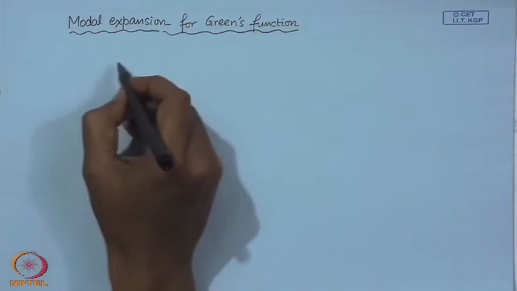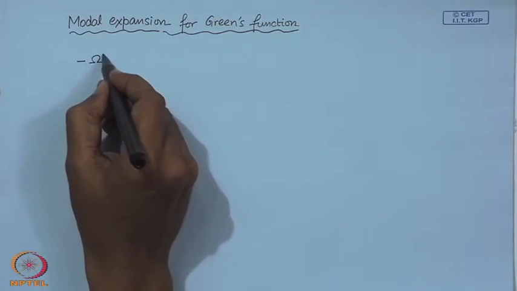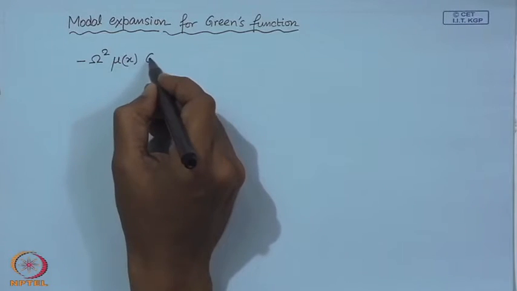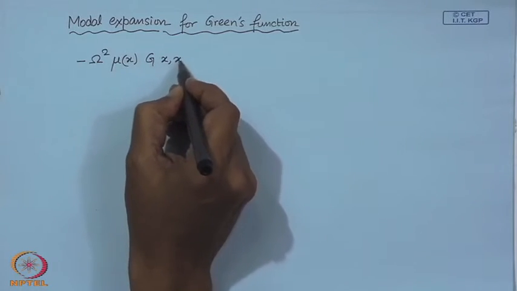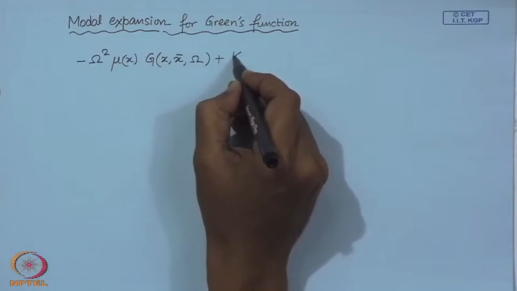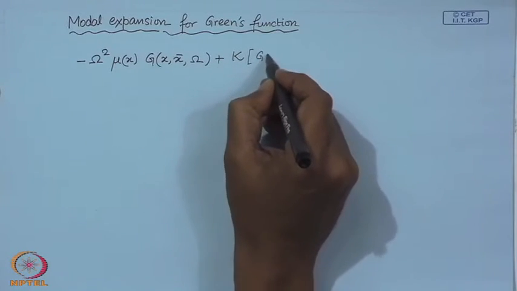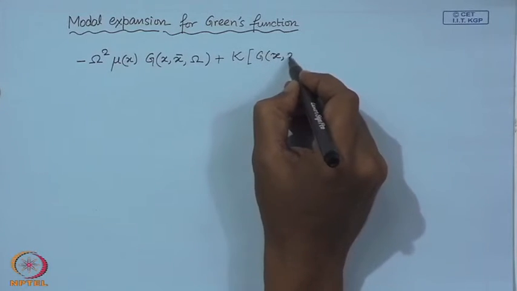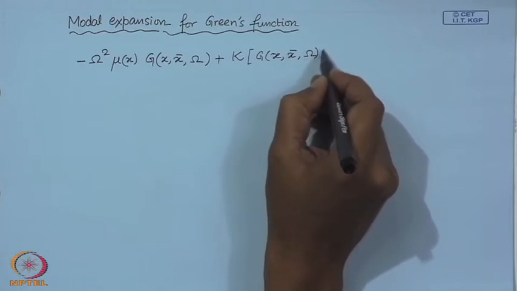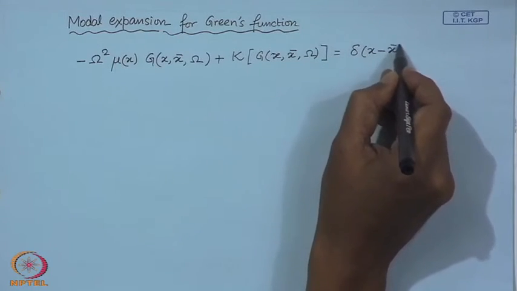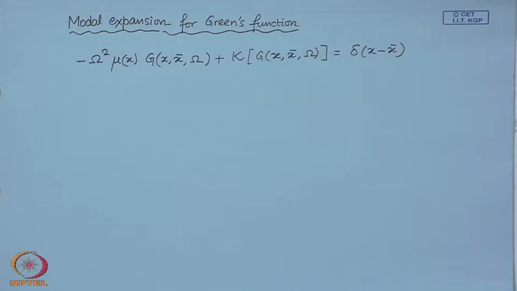So, our eigenvalue problem for the Green's function, the differential equation, this is the boundary value problem for the Green's function, is given like this.